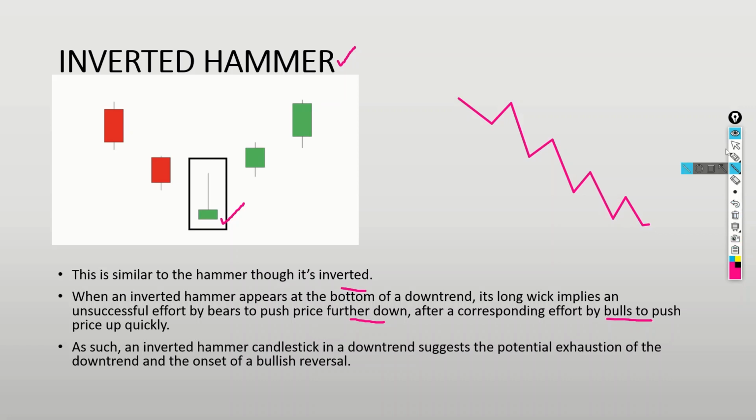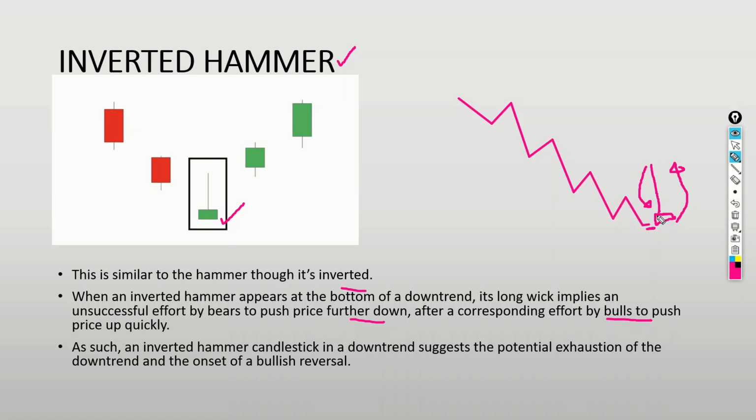So you are in a clear downtrend, and then you form an inverted hammer like this one. When you form an inverted hammer, it shows that when the price reaches this level, it's the buyers who pushed the price up to that level, and then the sellers try to push the price down. But this level was not broken.